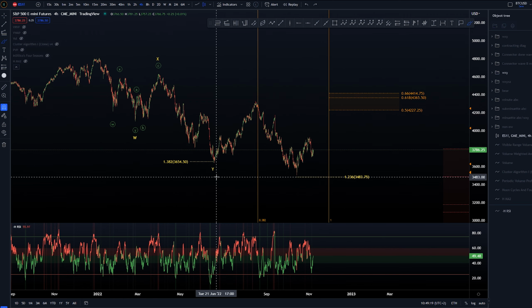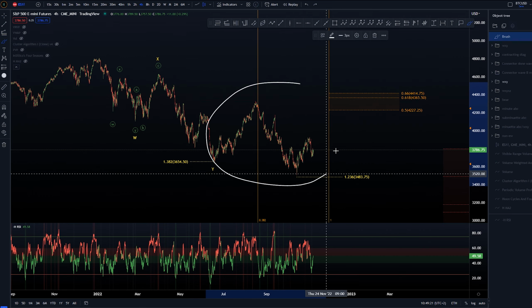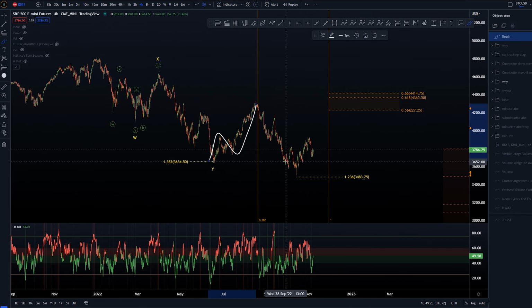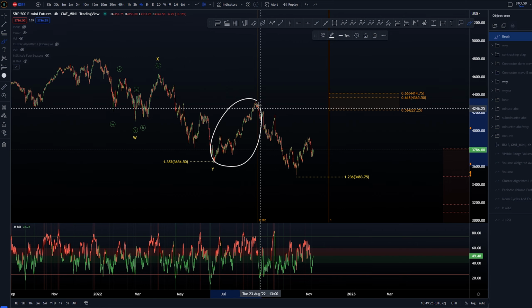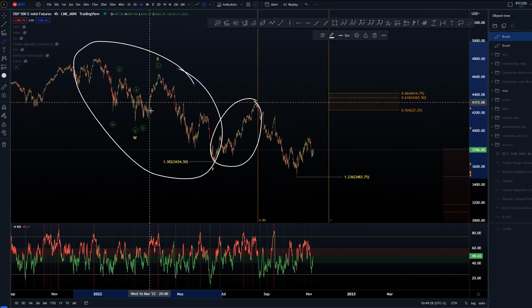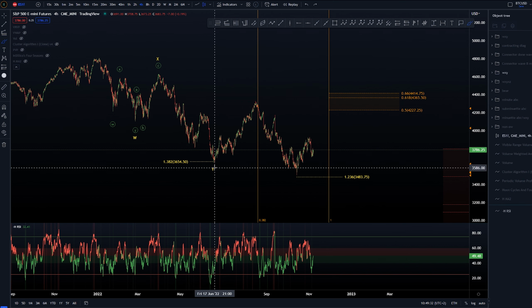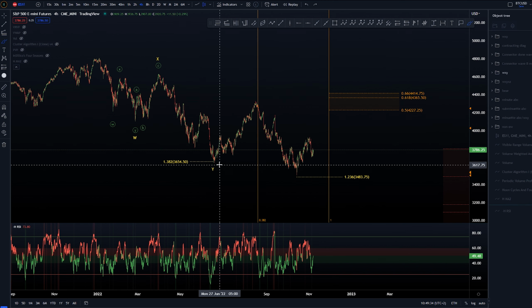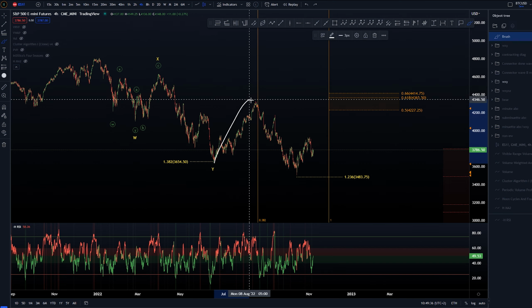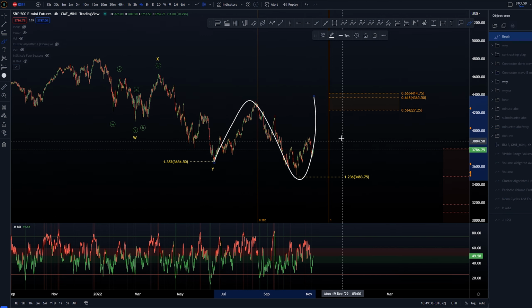Then the next structure that we've had here can be already finished like this, and this would be a connector wave structure connecting this original move to the next move downwards. Or the other possibility is that this structure here is the start of the connector, so it would be something like this.